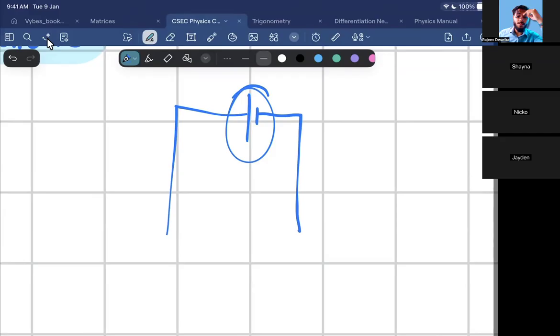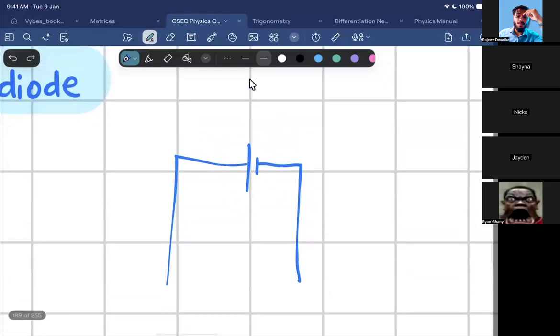I'm not hearing you. Okay, I am not hearing Shina. Alright, Nikolai, do you know what that symbol is? What it represents? Yeah, a battery or a cell. This is a battery.